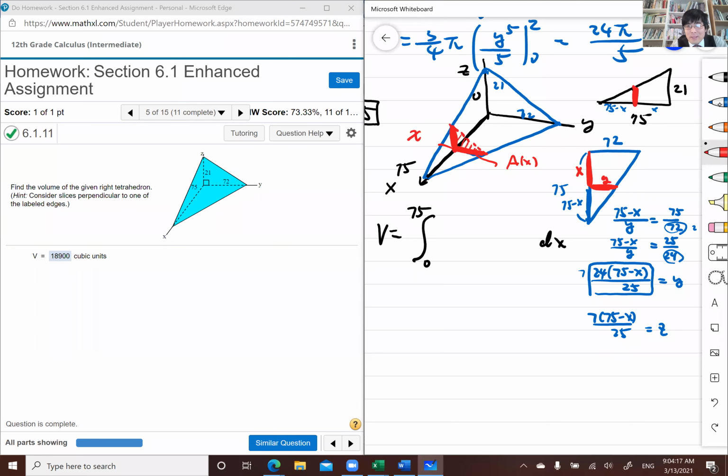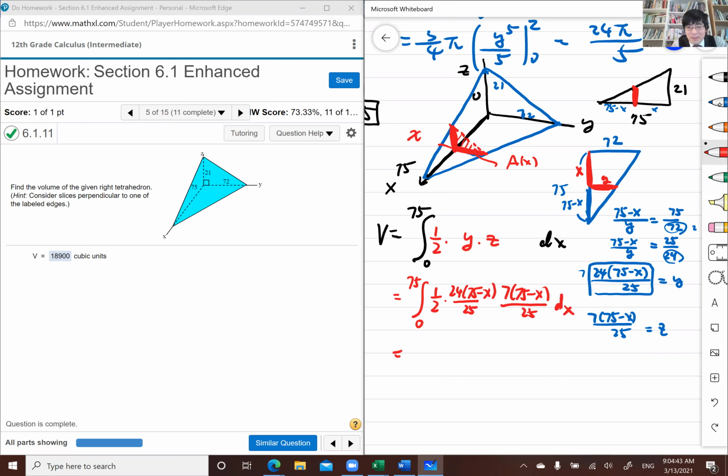So the cross-sectional area is going to be 1/2 times base length times the height, which will be 1/2 times 24/25 (75 minus X) times 7/25 (75 minus X) dx.